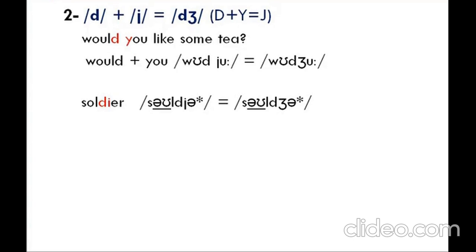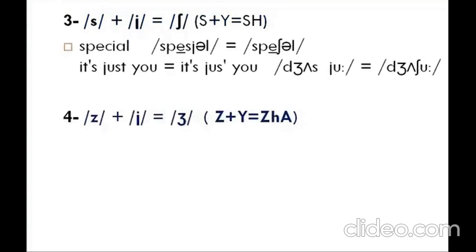Now we also observe the same thing in case of the word soldier, where inside the word we find the sound d and y placed together, and it's not "sol-dyer" but it's "sol-jer". Right.